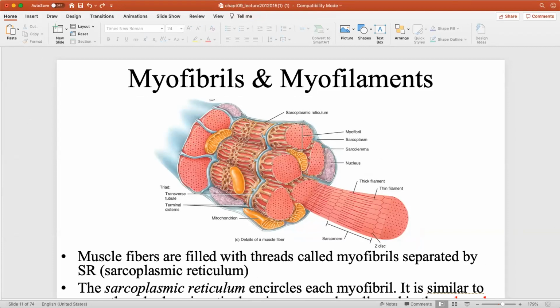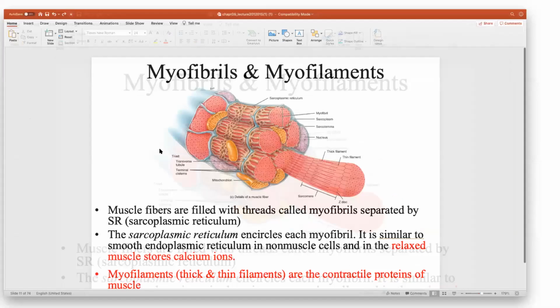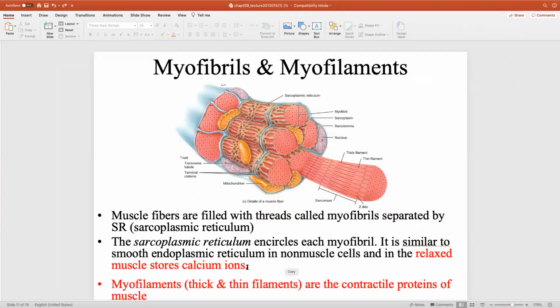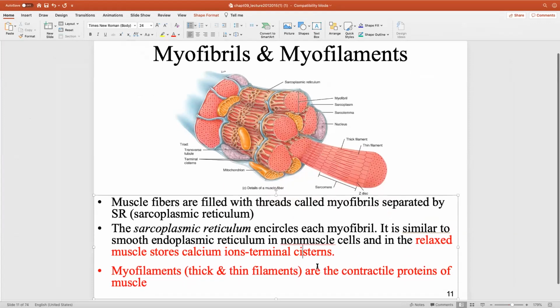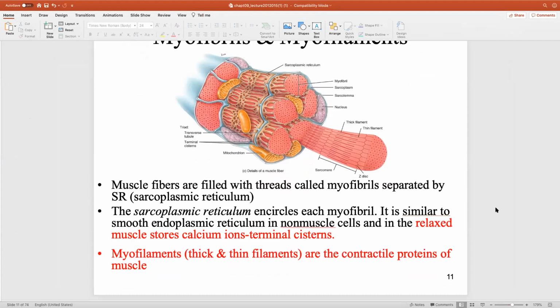It's not that we store it everywhere throughout the system. No, it's only in the terminal cisterns. So that's where we store it. And I've mentioned calcium a lot. It's incredibly important for good muscle contractions.